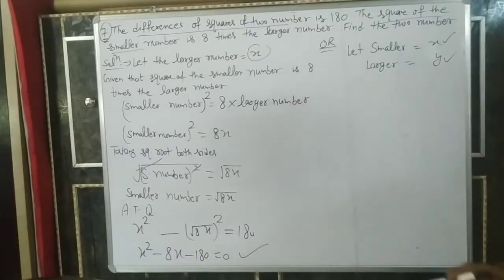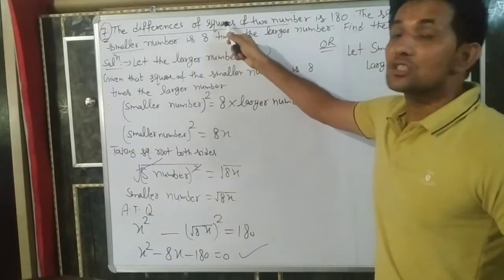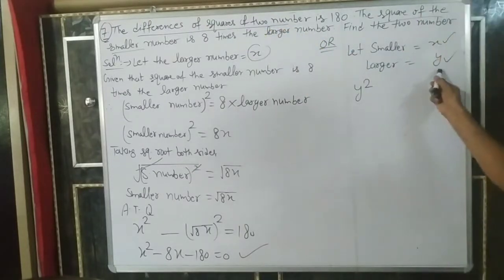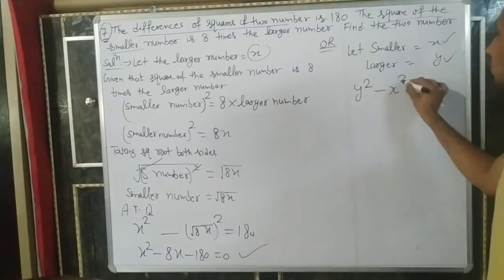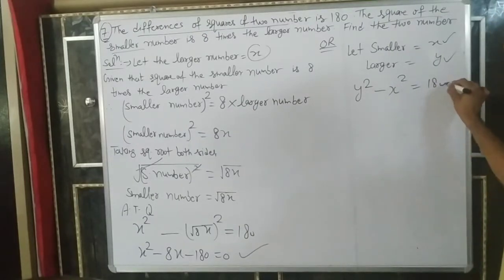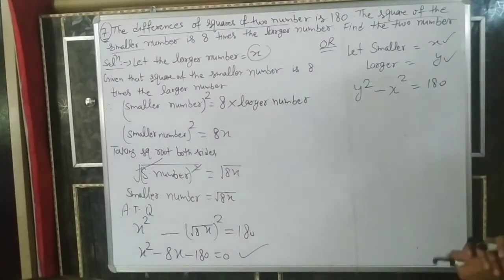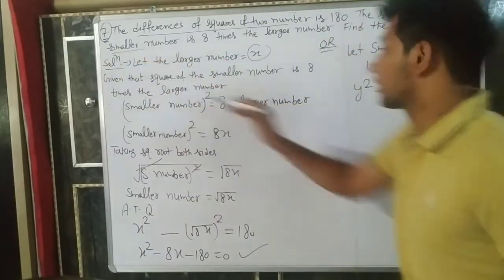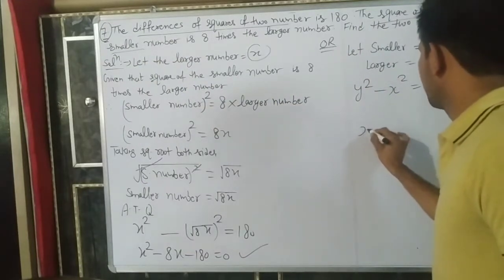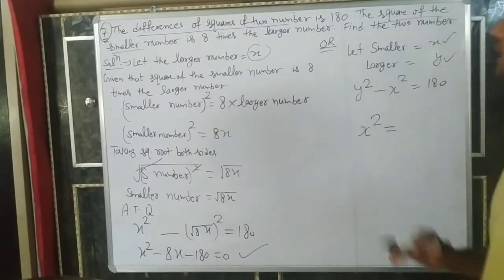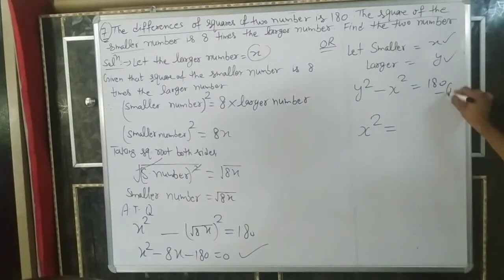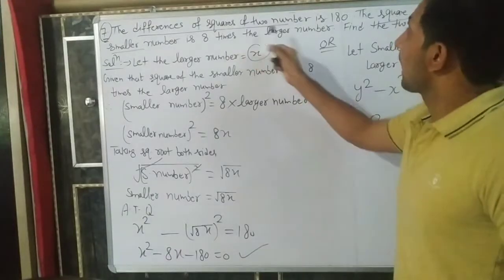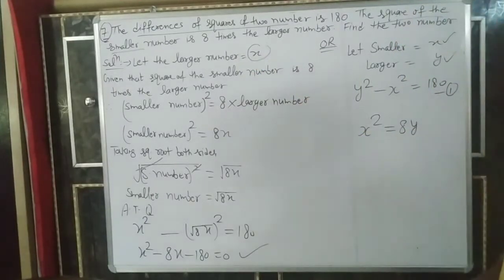First is the difference of squares: always the square of the larger number minus the square of the smaller number equals 180. Next is given the square of the smaller number. The smaller number is x, right? The square of the smaller number, equation 1, is 8 times the larger number.